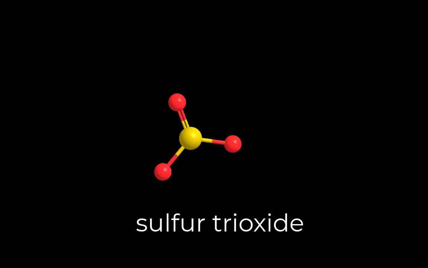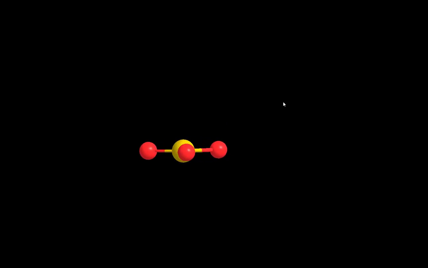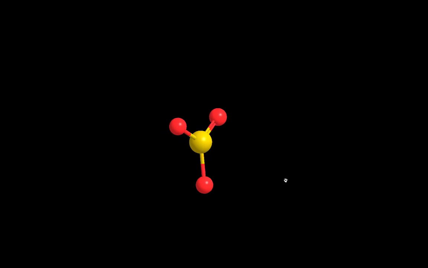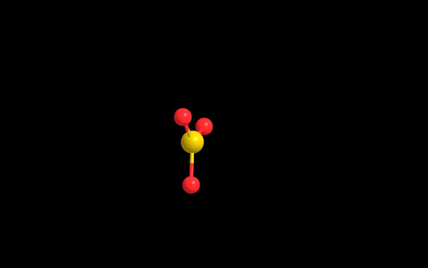Here we have sulfur trioxide. You'll notice that where we have the 2 lines, that stands for a double bond. You'll notice it's a nice flat, planar molecule. So notice we have a double bond there and 2 single bonds to the oxygen.